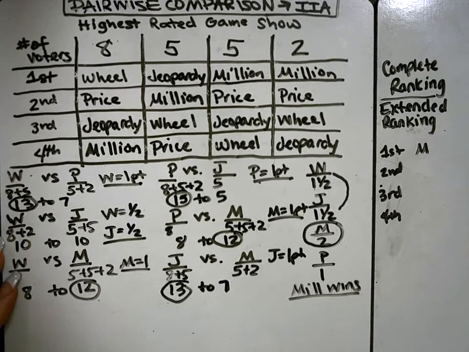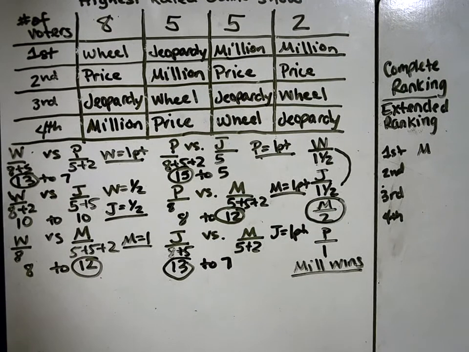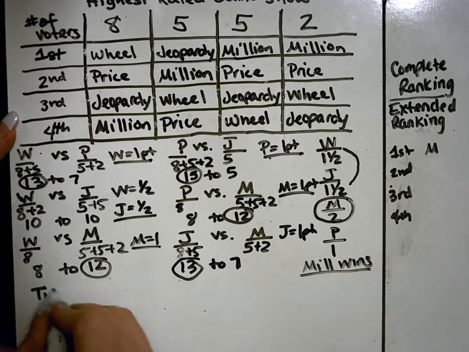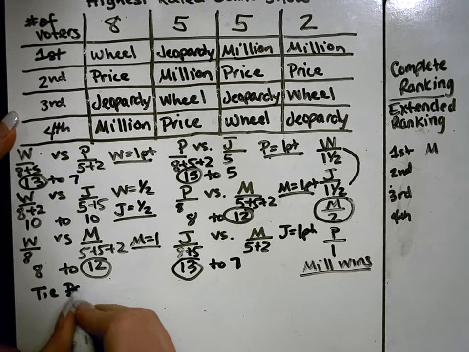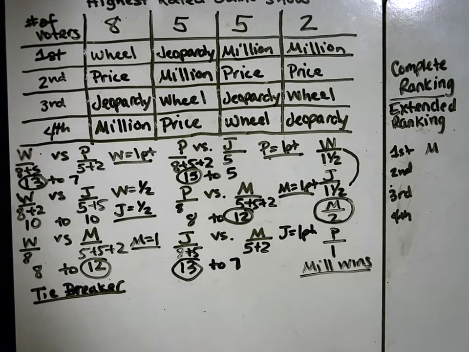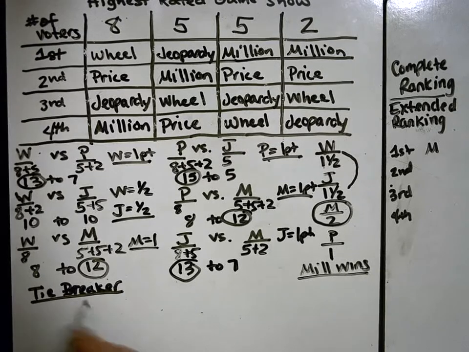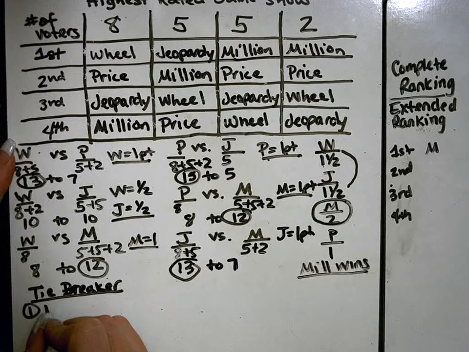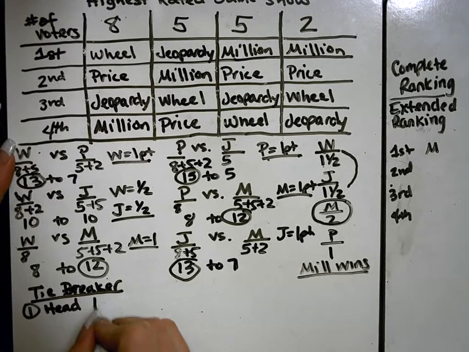Now, in the problems from your problem set, your homework, some of the problems are going to ask you to do a tiebreaker. They have you do 2 different types of problems. The first tiebreaker they ask you to do is using a head-to-head.